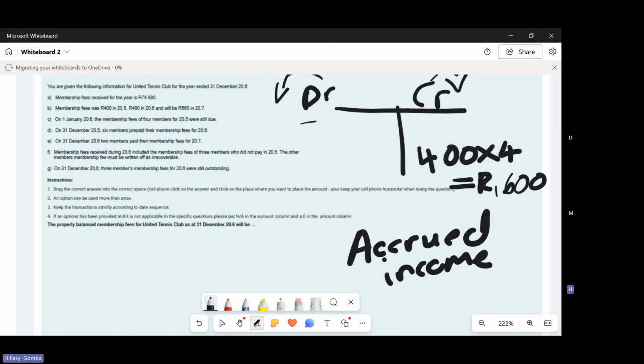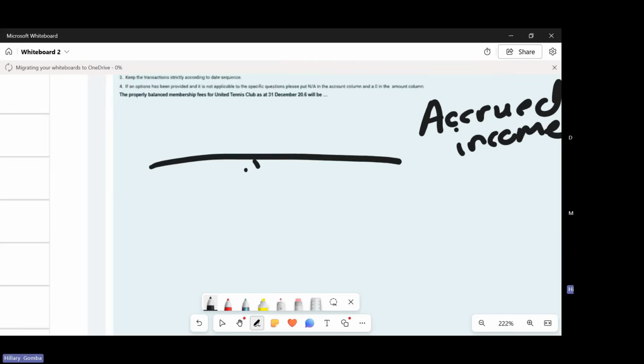Here's our membership fees account, as I told you. On the debit side is the current year and previous year, and the credit side is the current year, either someone paid in advance or the credit losses or the amount received, and also the accrued income. So this is the format. We first have the accrued income for previous year.